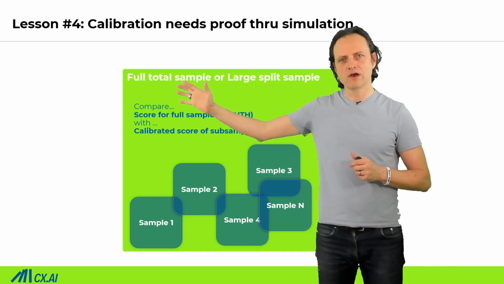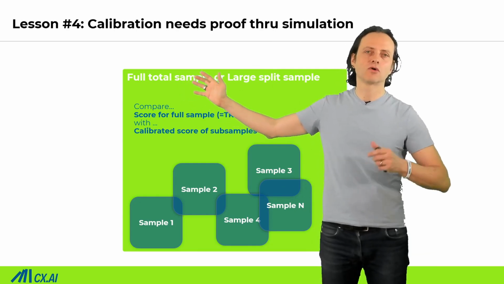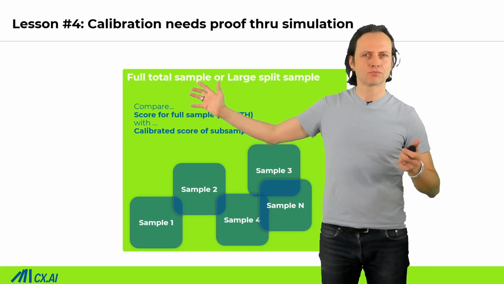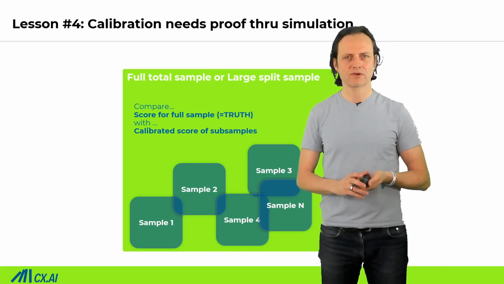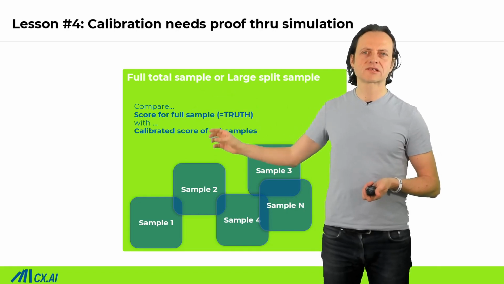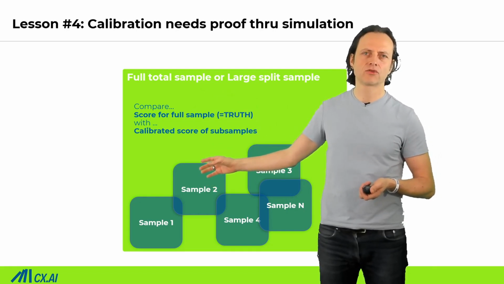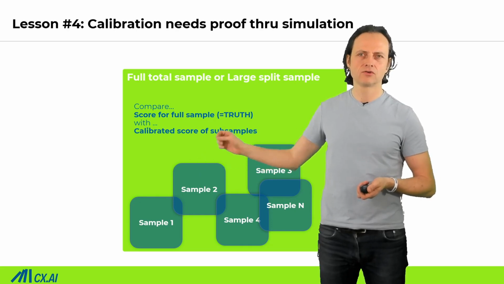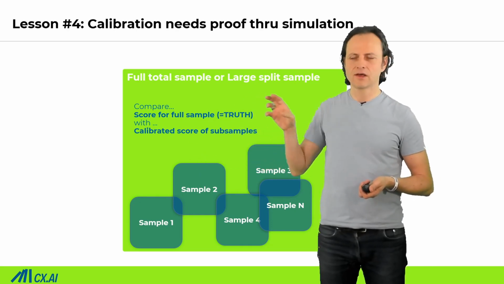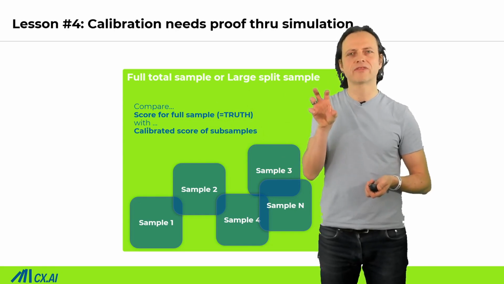If you have 5,000 or 10,000 or something over 1,000, you are pretty close to the truth. Out of this 1,000 or more, you can subsample 100, 10, 20, 30, 50. You can take out some samples, and for these samples, you can then calibrate them.